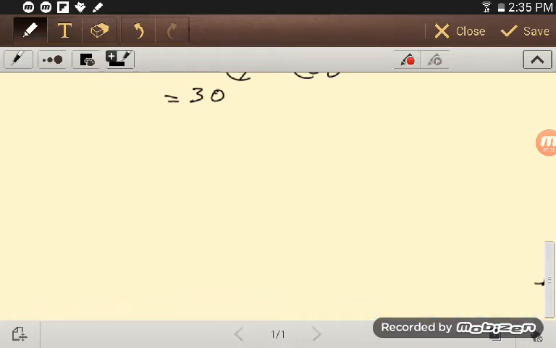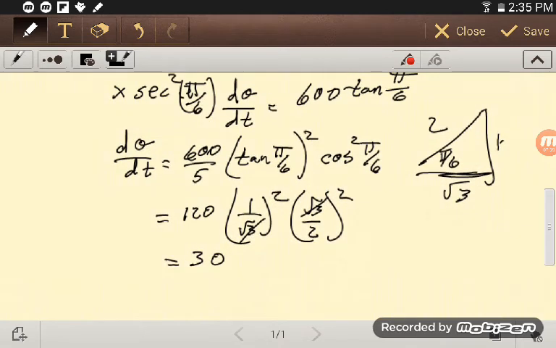Yeah, I guess that's radians. D theta dt, yeah, radians per second. So 30 radians, that's a lot.